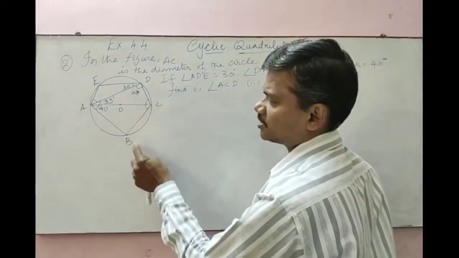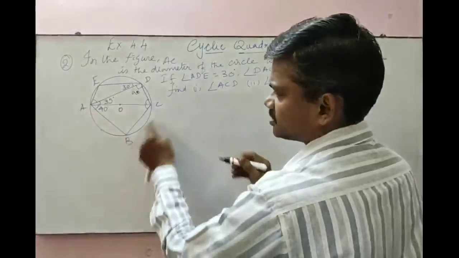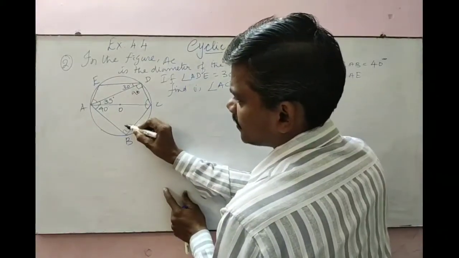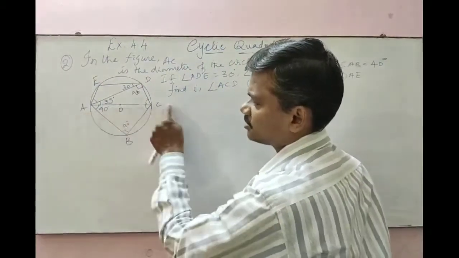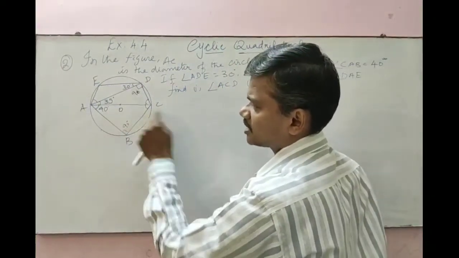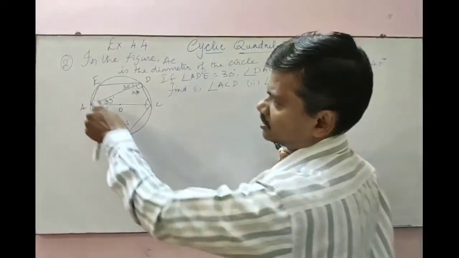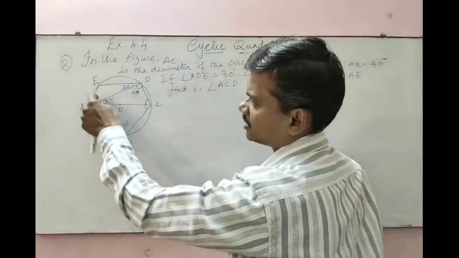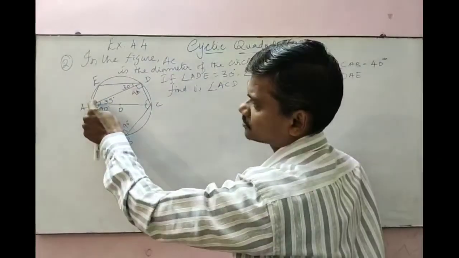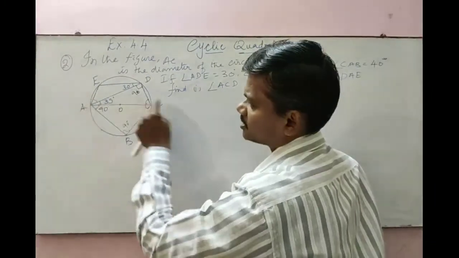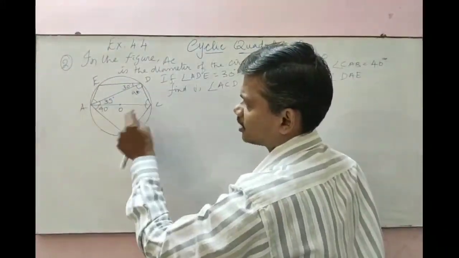Like that, in ACB, this angle ABC is also 90 degrees. Now we can find the angle ACB easily by using the angle sum property of a triangle. Then the last one, DAE. We have to find this DAE. Look at this: ACDE is a cyclic quadrilateral.